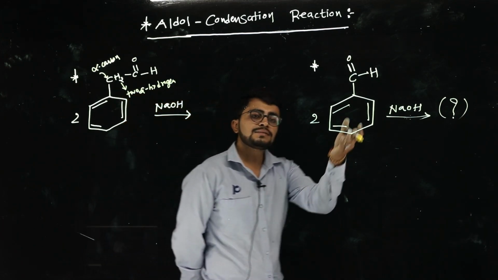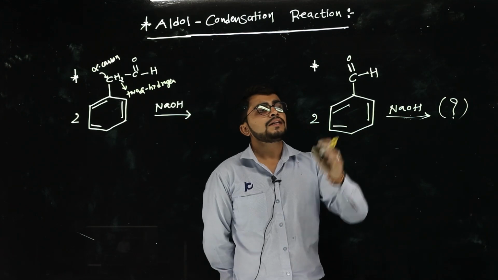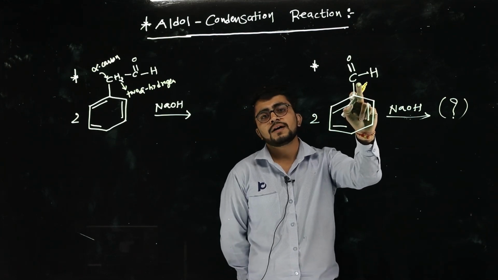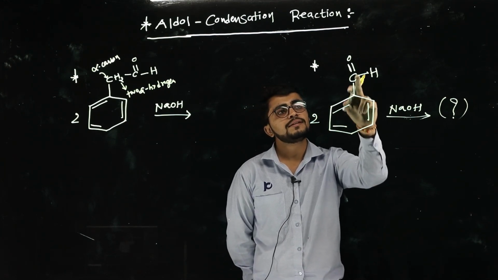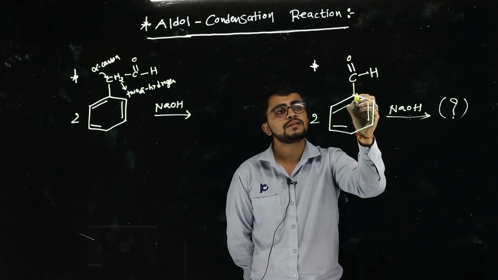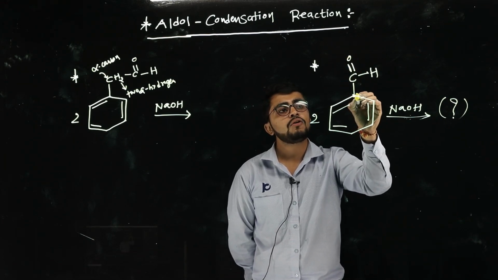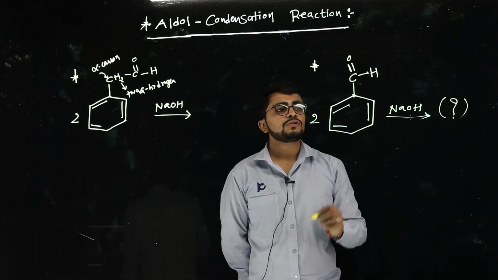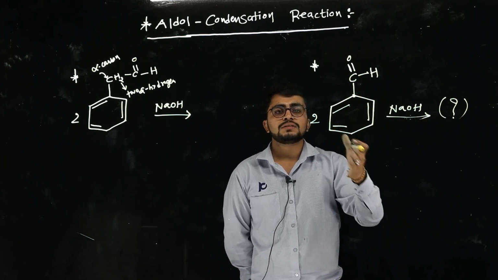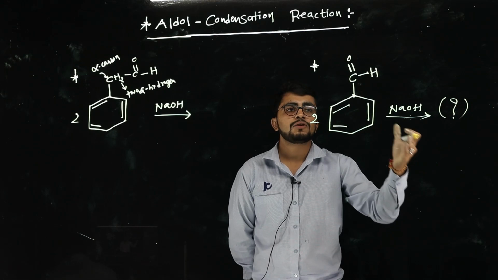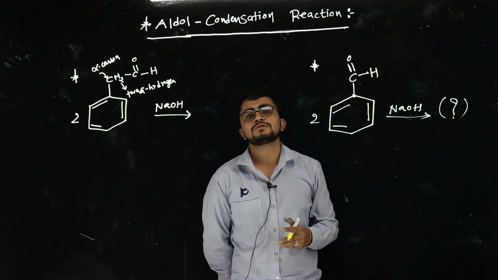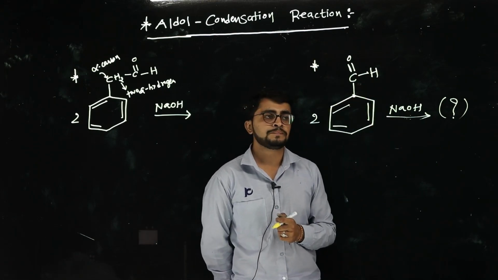But in this other reaction there is no possibility of alpha hydrogen, because the carbon adjacent to the carbonyl group has no alpha hydrogen. So for this type of reaction, the product is not formed according to the mechanism of aldol condensation.